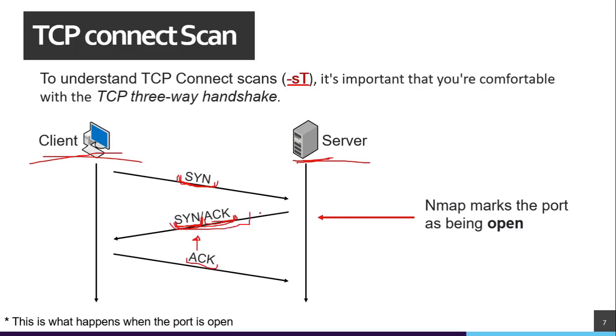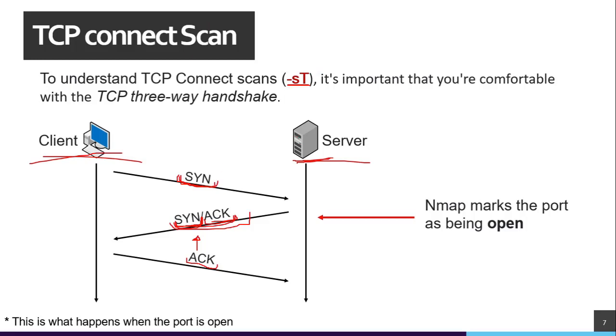Okay, so when this ends, we have actually initiated a connection between our client and the server, and then we can start transferring information between them. We can request the homepage of Google, and the server can reply back to us. So this is what Nmap actually does. When you use dash lowercase s uppercase T, you're indicating to Nmap that you are using the TCP Connect Scan when scanning your target.